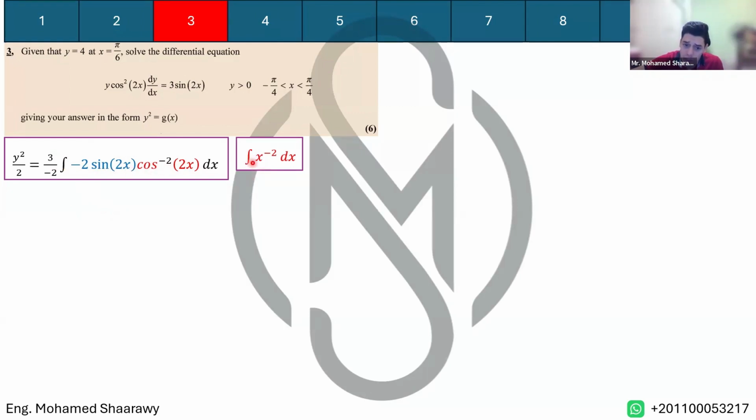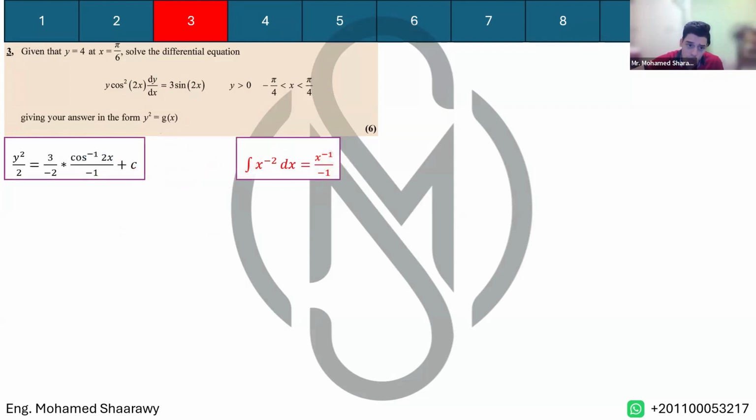What's the integration of x power negative 2? It's just x power negative 1 over negative 1. Exactly. So replace all of this by x power negative 1 over negative 1. No. Our x is cosine 2x. So let's say cosine 2x to the power of negative 1, all over negative 1. Let me simplify this. Negative 1 times negative 2 is just 2.